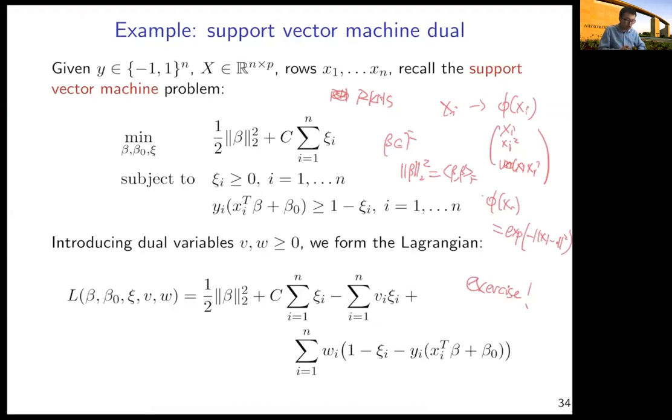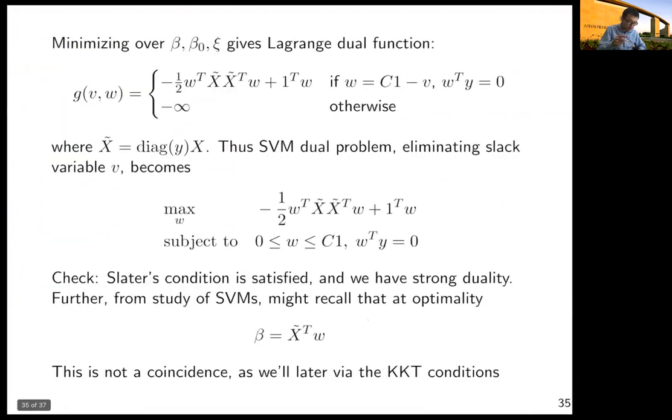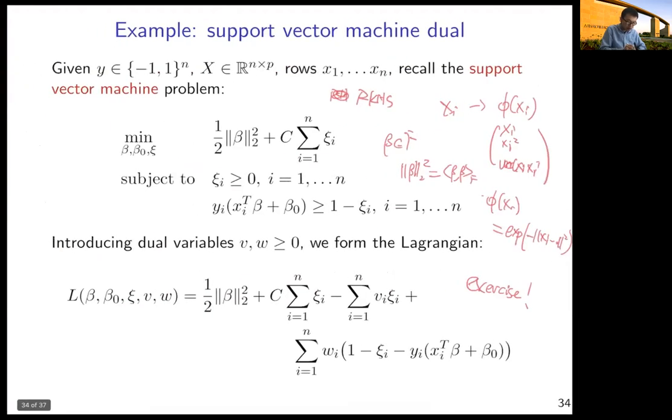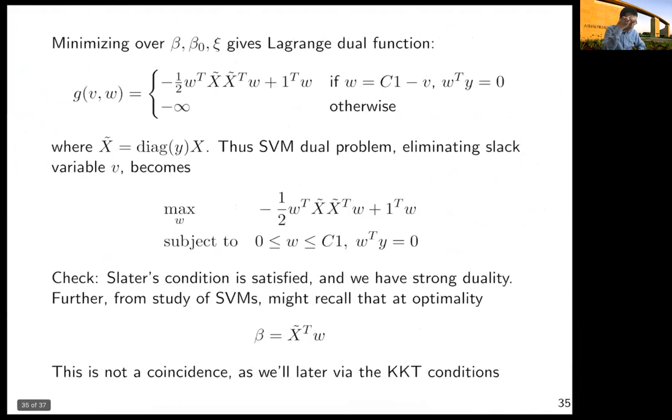But if we look at what the dual looks like, the dual has a total number of variables that corresponds to the total number of examples in your training data. So even though the primal is an infinite dimensional optimization problem, the dual is actually a finite dimensional optimization problem with size proportional to the data set.